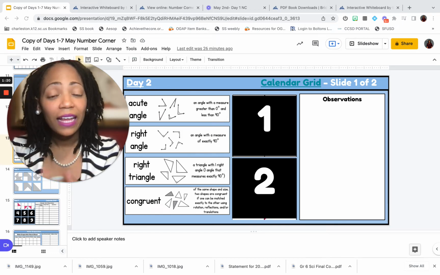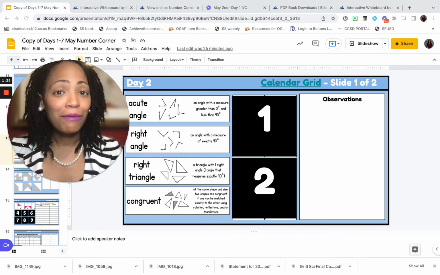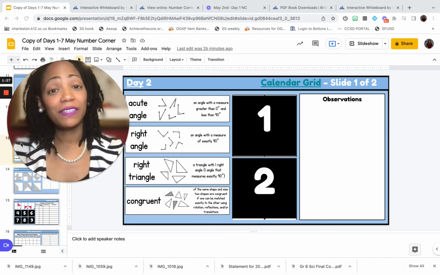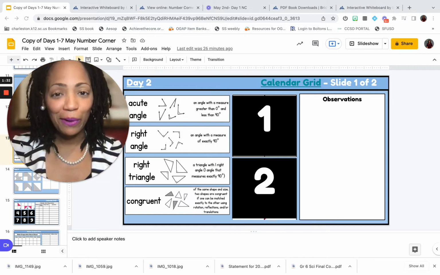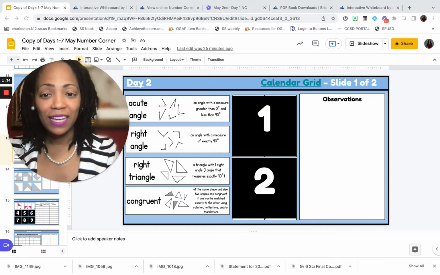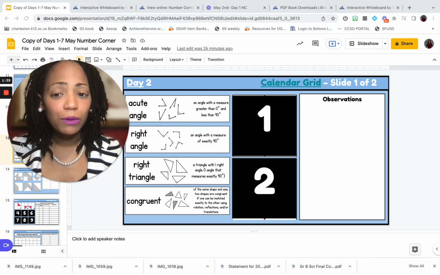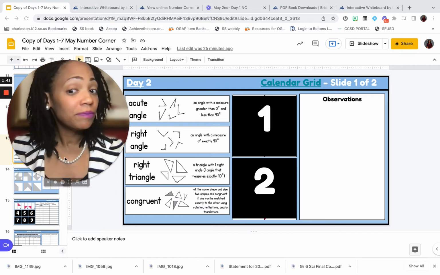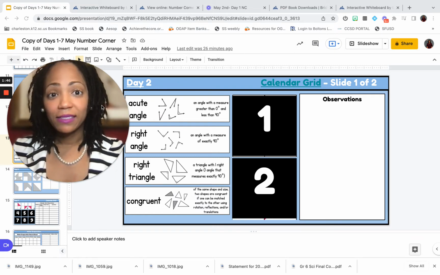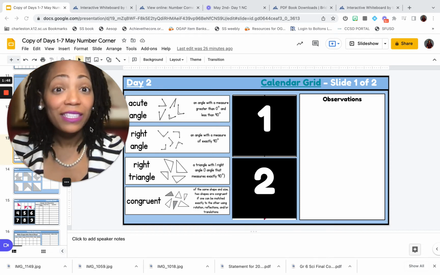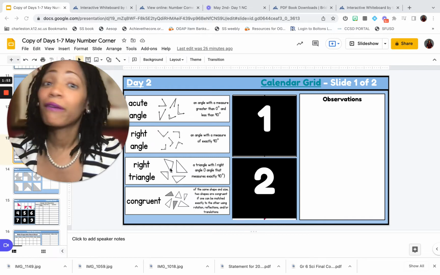Okay? And a 90-degree angle is a right angle, and we can really easily figure out if it's a right angle because it fits really nicely into a corner. Okay, that's 90 degrees. And so bigger than that would be an obtuse angle. If a triangle, so maybe that's a hint for you, if a triangle has an angle that's a right angle, which means an angle that's 90 degrees, then we call that a right triangle.